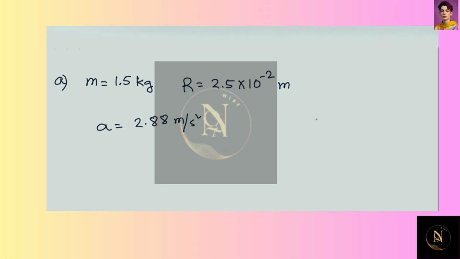Let me write down that equation here so that we know what we're doing. So a is g times m divided by m plus I over r squared.